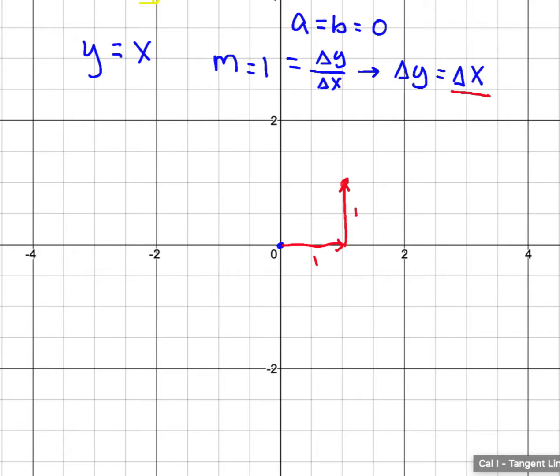So that would be a point on the line. Or say I want to go negative, so that would be to the left, 2 units in the x direction. Well, since delta y is equal to delta x, I would have to go negative 2 units in the y direction to get to a point.